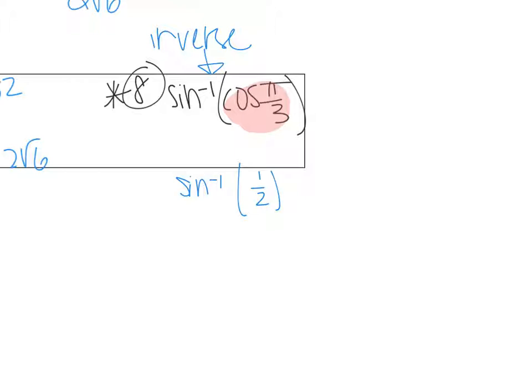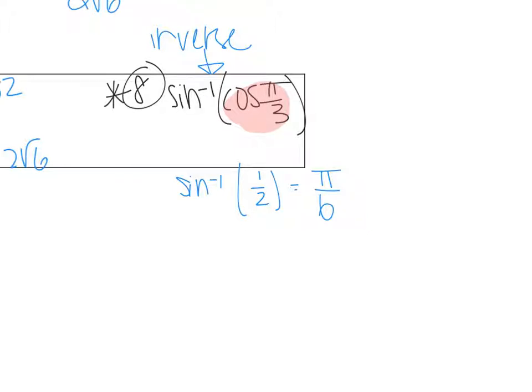So where does sine equal 1/2? That's going to be at pi over 6. Okay, so big thing here is that anytime you are doing the inverse, you are actually finding an angle, and then when you are evaluating an angle, you should be giving us a coordinate. So those x and y coordinates, either on the unit circle or using x, y, and r from x squared plus y squared equals r squared.